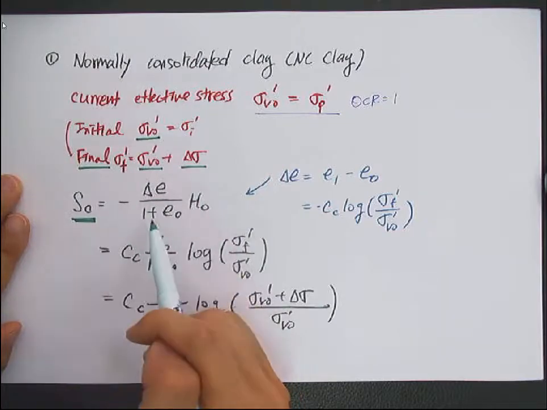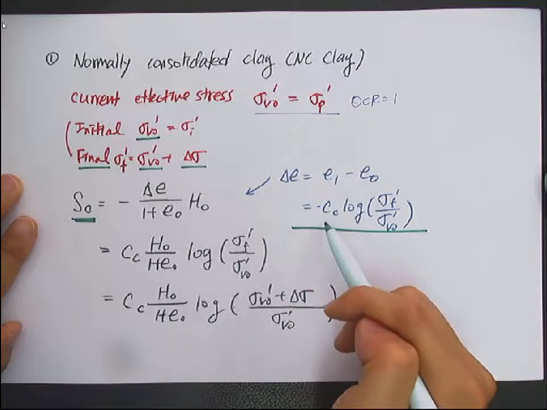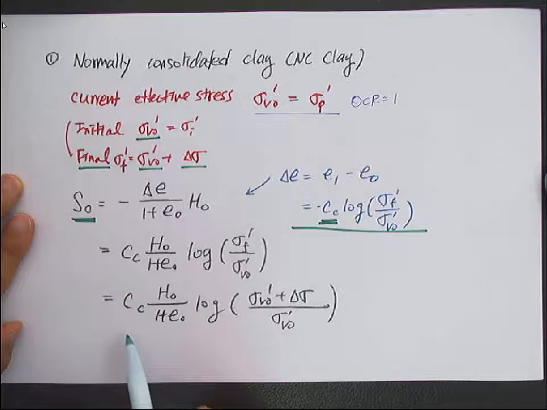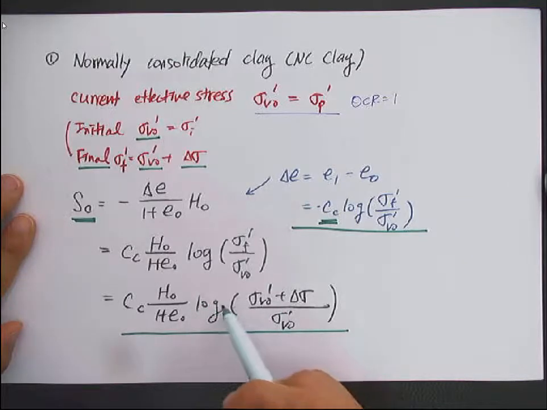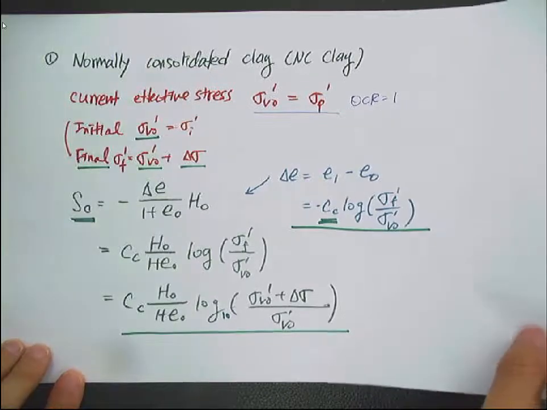And we can plug in the equation, which is a function of the compression index. Then we'll have the final equation: the compression index times H naught over 1 plus e naught, so this is the original thickness and the initial void ratio, times log base 10 of sigma v naught prime plus delta sigma over sigma v naught prime. Very straightforward.